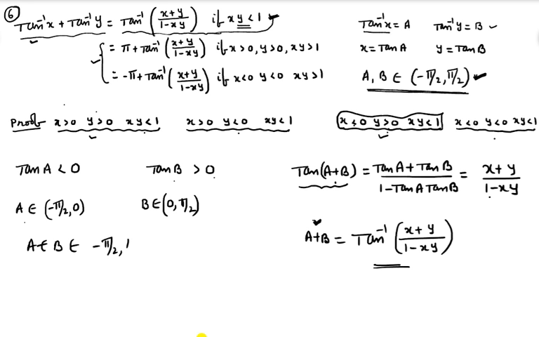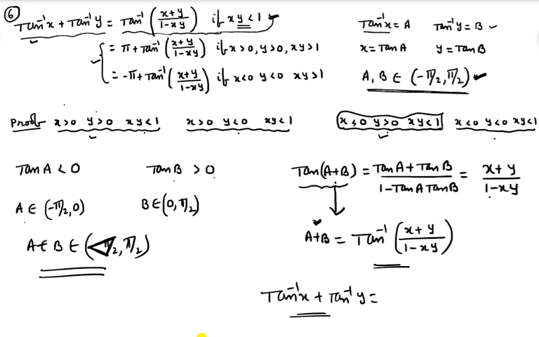Definitely the sum a plus b belongs to minus pi by 2, pi by 2 only. Yes, a plus b is in the principal branch, so this step is valid. What is a? A is nothing but tan inverse x. What is b? B is nothing but tan inverse y. So that's why tan inverse x plus tan inverse y, we got tan inverse of x plus y by 1 minus xy, right?